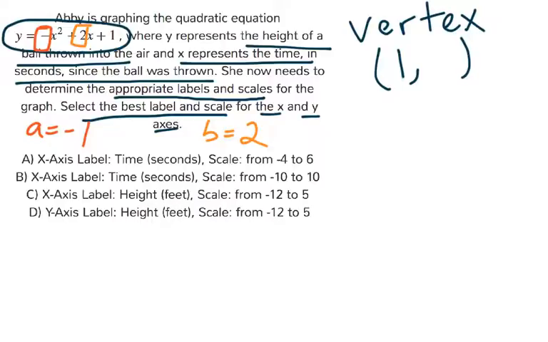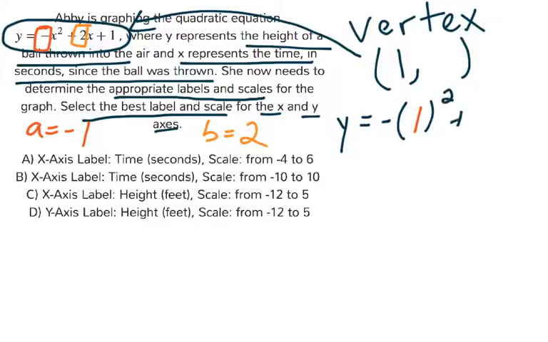To find the y value, or the k, you just need to plug that vertex x value into the original equation. Let's do that real quick. Y equals negative, and instead of x squared, I'm going to put 1 squared, plus 2 times 1 plus 1. Let's solve.